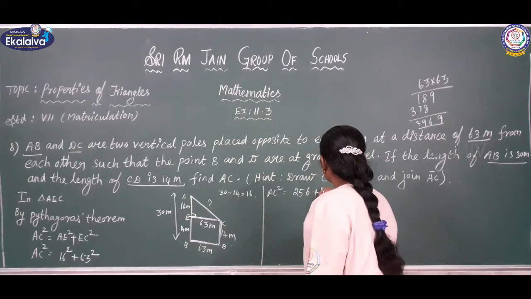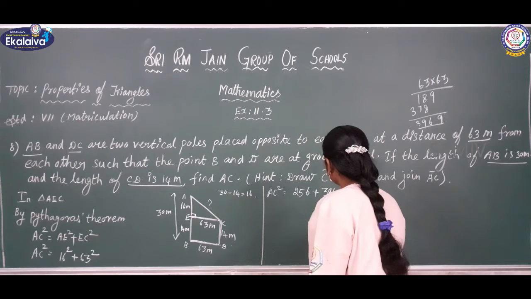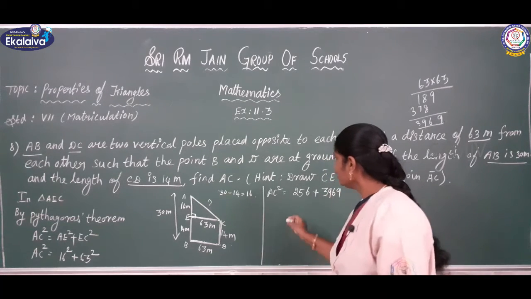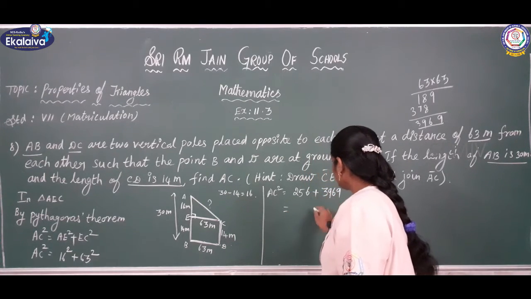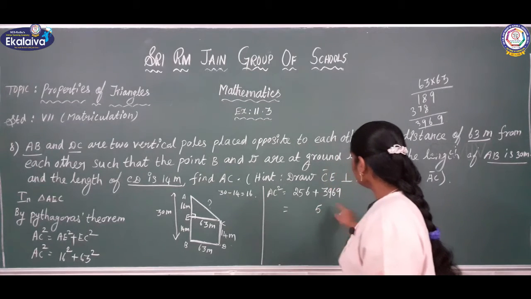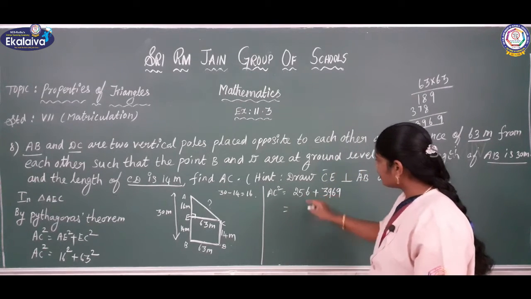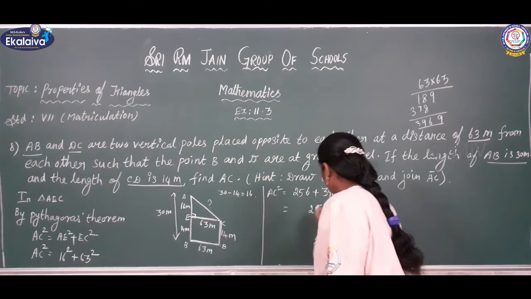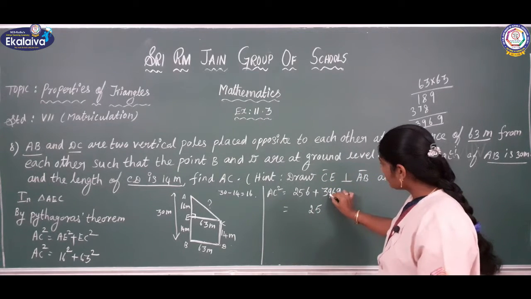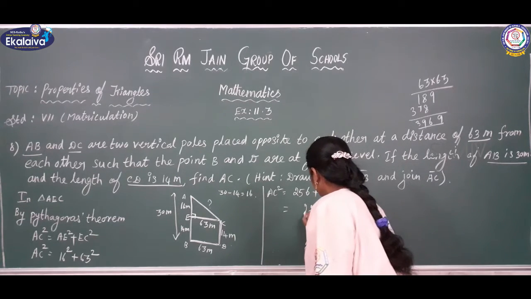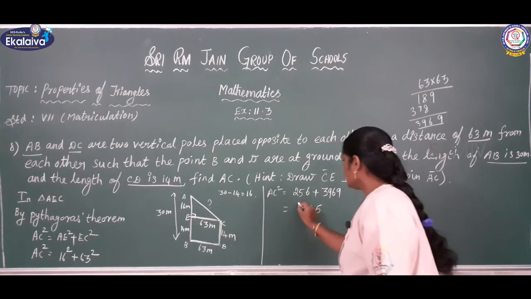So 3969. Okay, now you add this: 9 plus 6, 15, 5 remaining 1, 1 plus 6, 7, 7 plus 5, 12, 2 remaining 1, 1 plus 9, 10, 10 plus 2, 12, 2 remaining 1, 1 plus 3, 4.